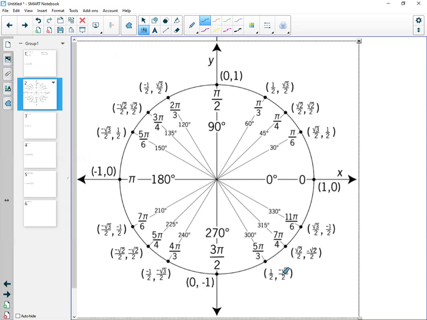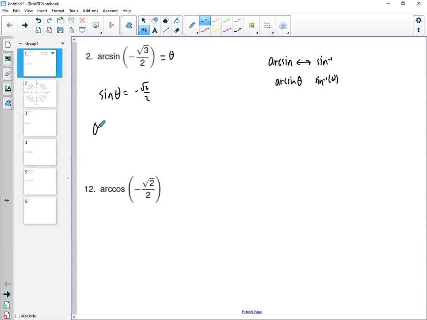So here at 5 pi over 3 and here at 4 pi over 3. But remember, for arc sine, it's got to be from negative 90 to 90, or negative pi over 2 to pi over 2. Somewhere in that range, just keep brackets.